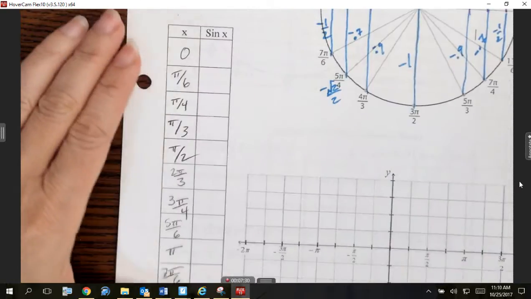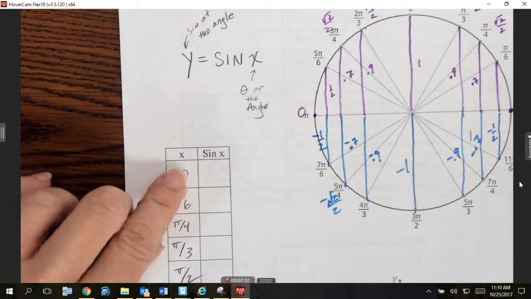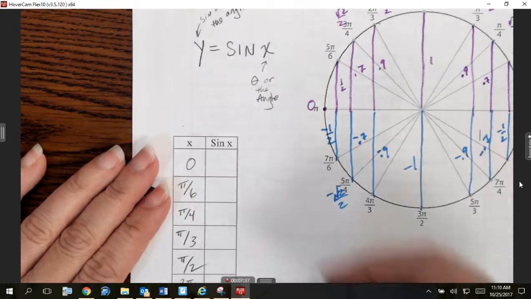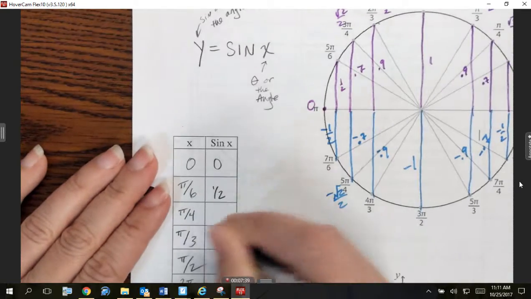Now I have to put my sine of x in. So the sine of each of these angles we're going to put in, but we've already put it on the graph, so it should go pretty fast to write it over here.